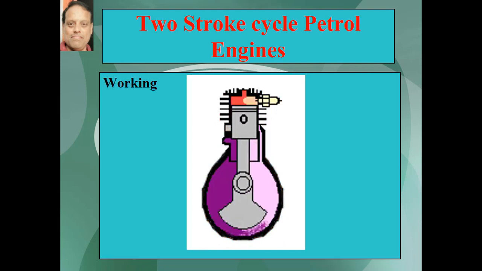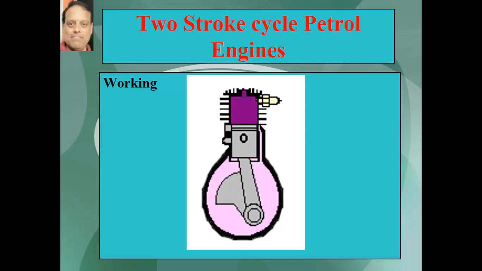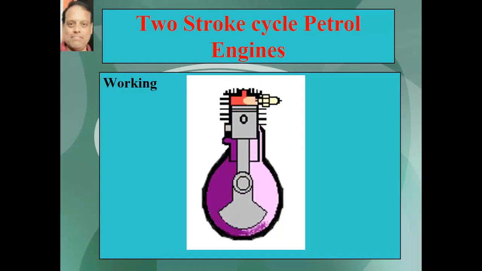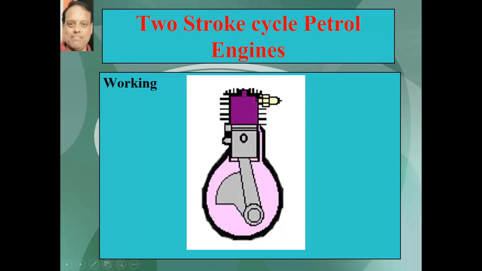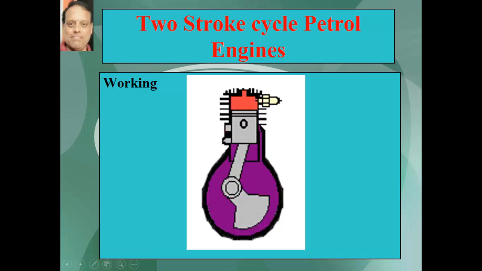At the top of the cylinder we can see the combustion taking place with the spark plug, and the color red changes to indicate that combustion is taking place. Through the transfer port onto the left and onto the right, the charge is recirculated in the crankcase and finally exhausted into the atmosphere.